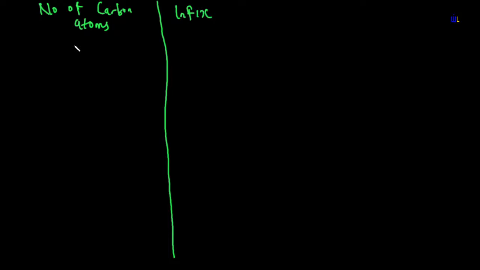If you have one carbon atom in the chain, the infix is meth. So if I have COOH, I know that this is an alkanoic acid, but because I have one carbon atom in this particular alkanoic acid, the name will become methanoic acid.